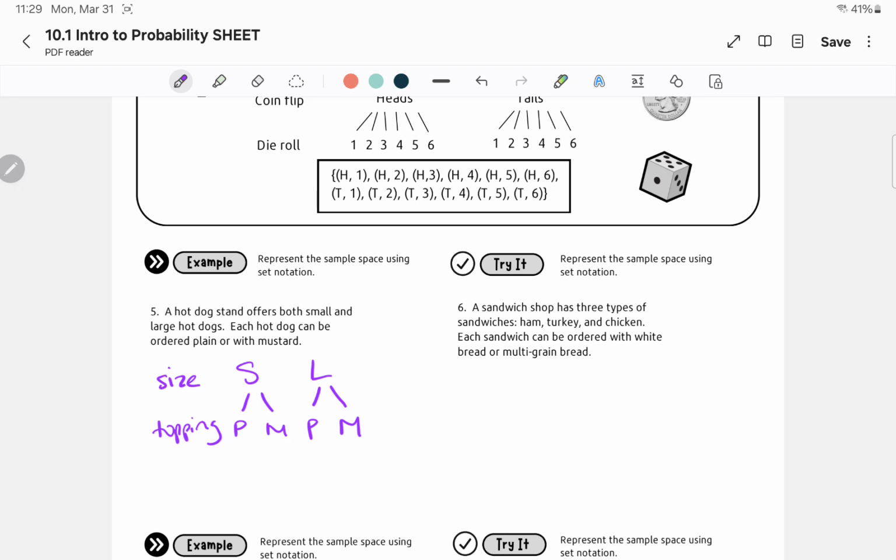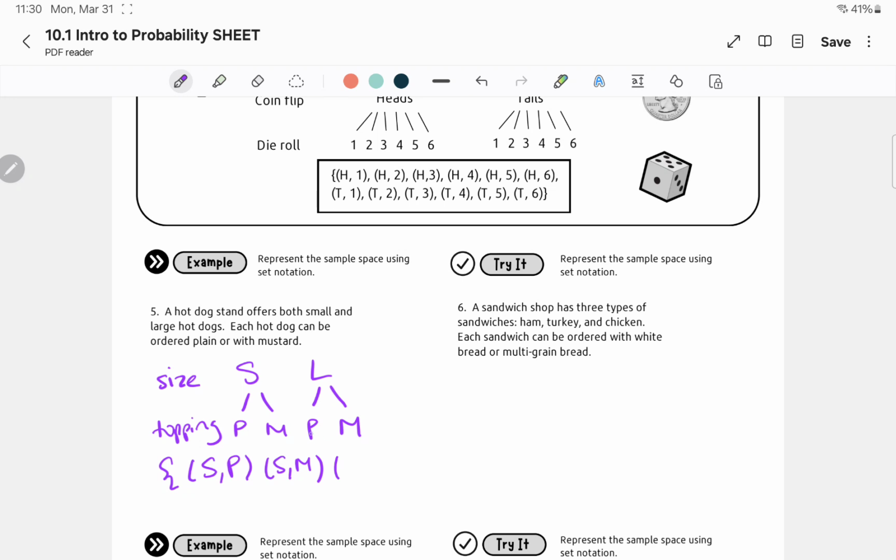To represent the sample space, we go to each leaf, follow it down the branches, and write that. The first one is a small plain, so we write that in brackets: small plain. Our next hot dog is a small mustard. See how we're just abbreviating here?